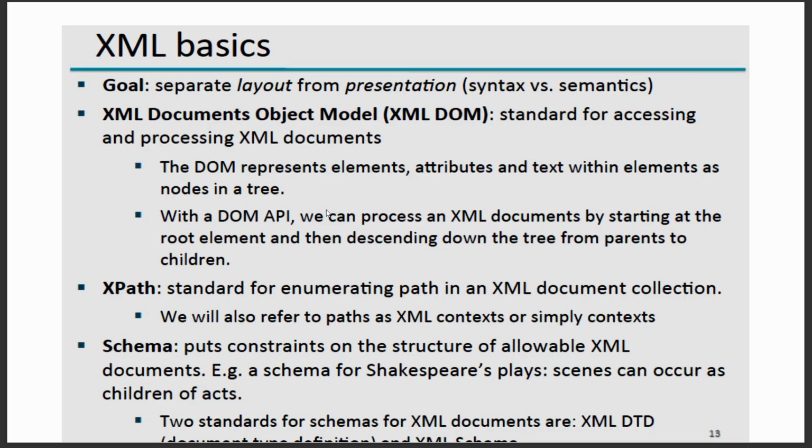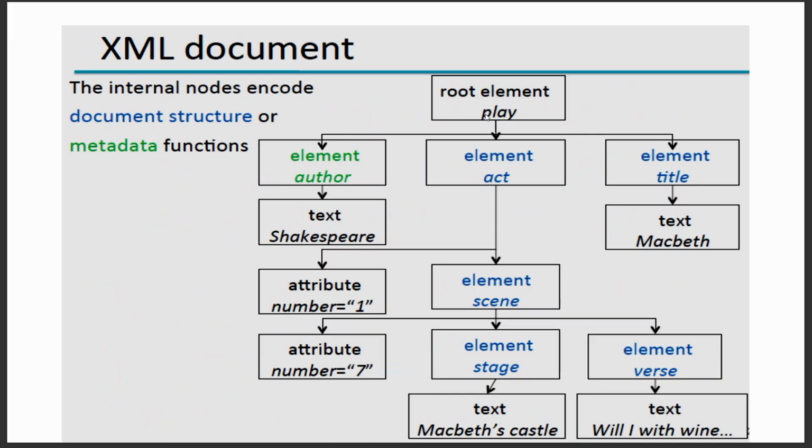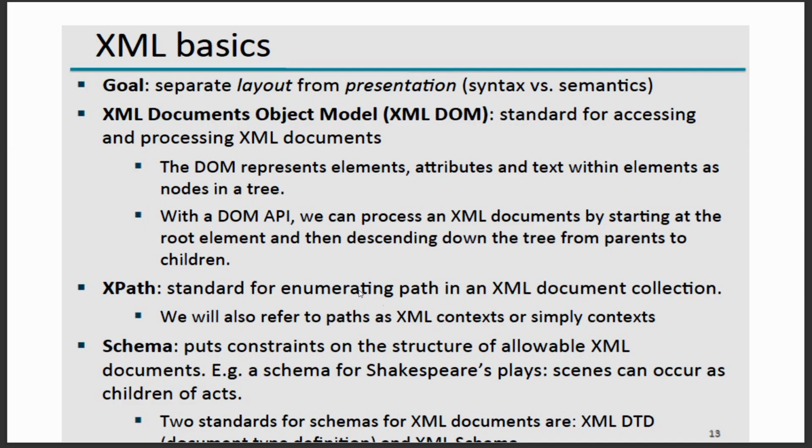Now with the DOM API, we can process an XML document by starting at the root element and then descending down the tree from parents to children. We can process the XML document from the root, as you have seen. Now XPath is a standard for enumerating paths in an XML document collection.